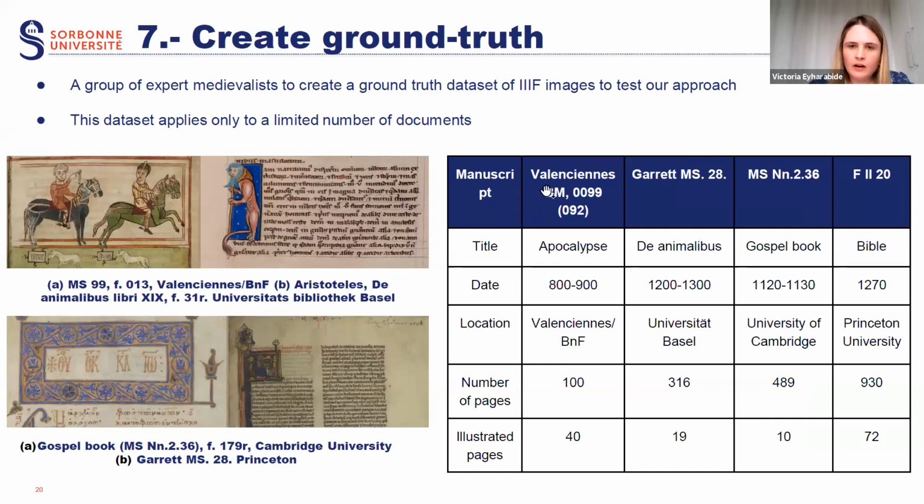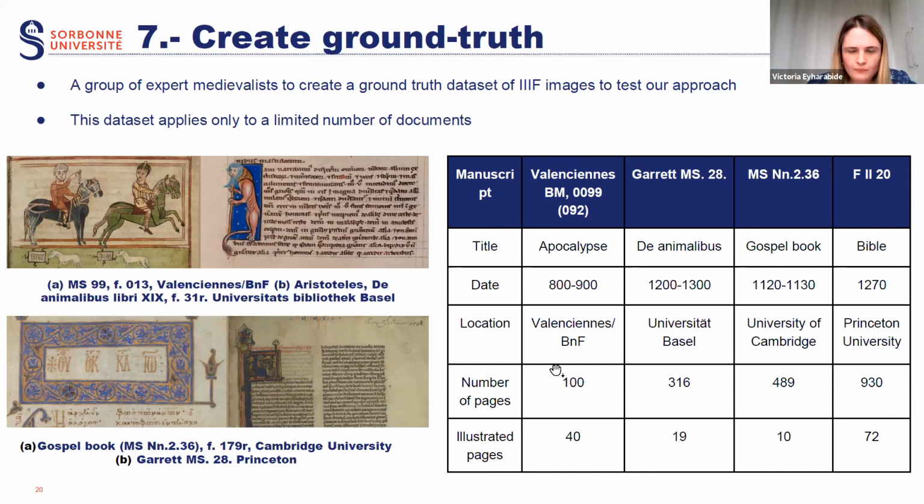The experts selected 4 manuscripts. Although this dataset applies only to a limited number of documents, as the selected manuscripts came from different libraries, the idea was to demonstrate that our system could be applied to different collections.